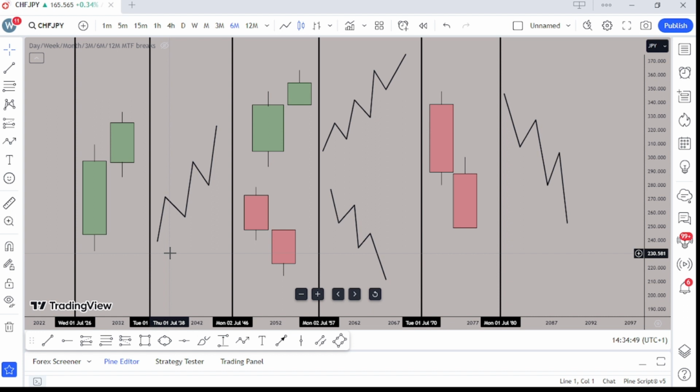Then the next time frame to move on to is 6 months. After the first 6 months has appeared, that contract is over. Then what next? The second candle.